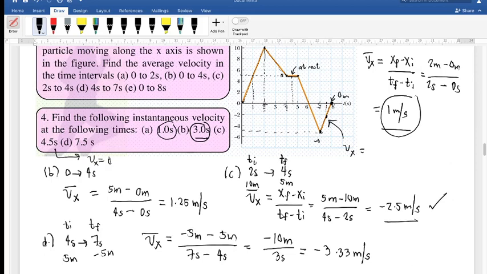That is negative 5 meters. So we have here 0 meter minus negative 5 meters divided by 8 minus 7. So we have here 5 meters per second. So ang makukuha na velocity, instantaneous velocity at this point is 5 meters per second.